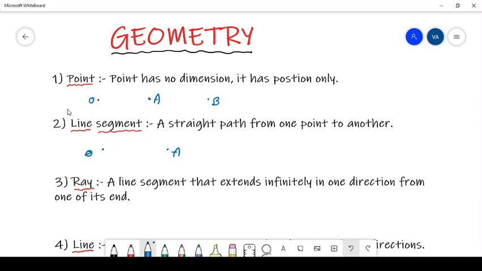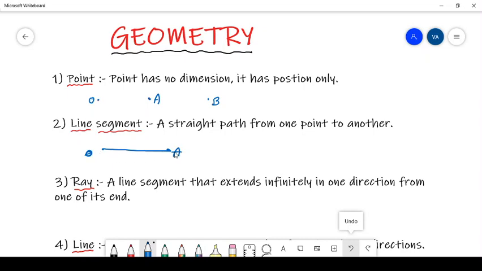A line segment is nothing but joining any two points. Joining any two points, we can get a line segment.